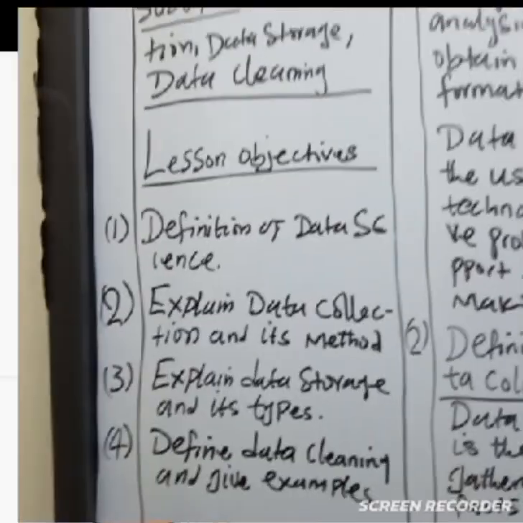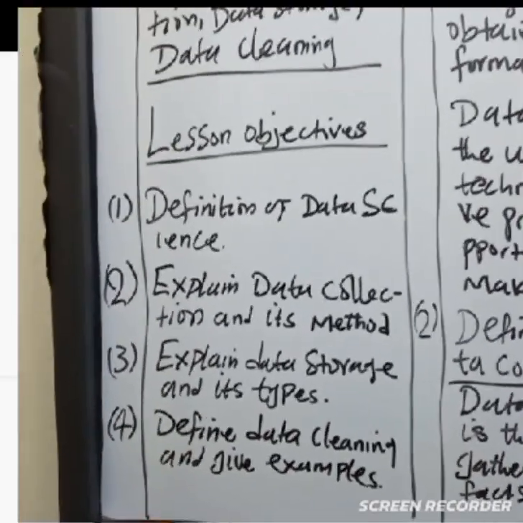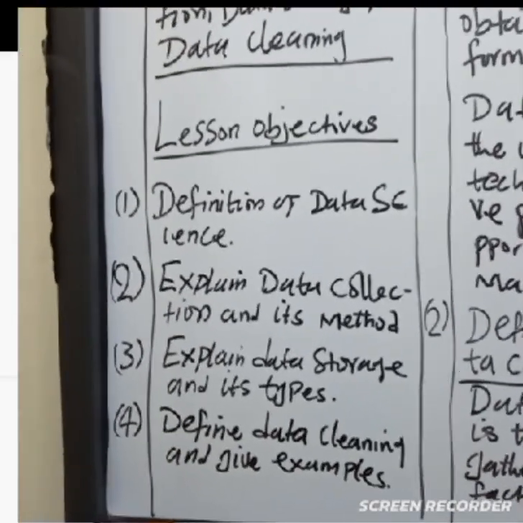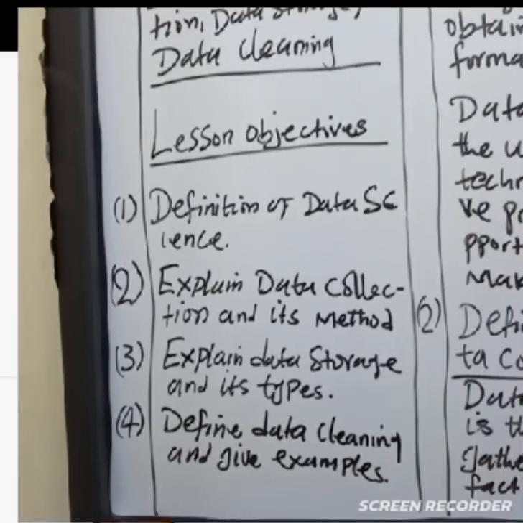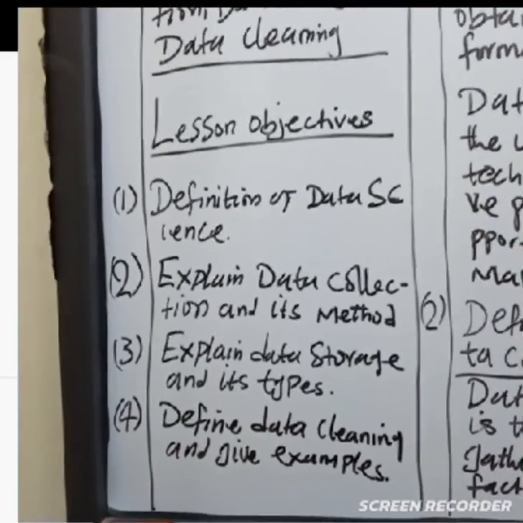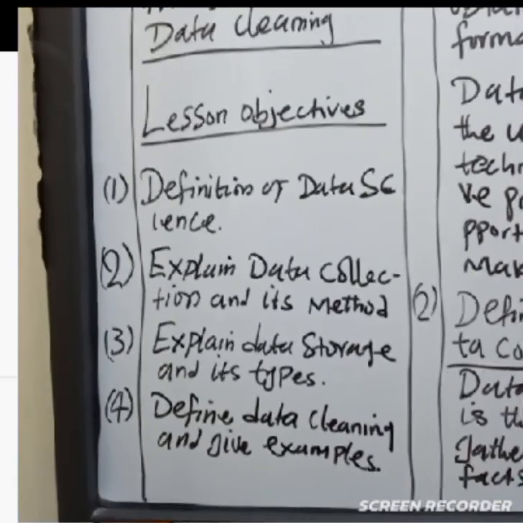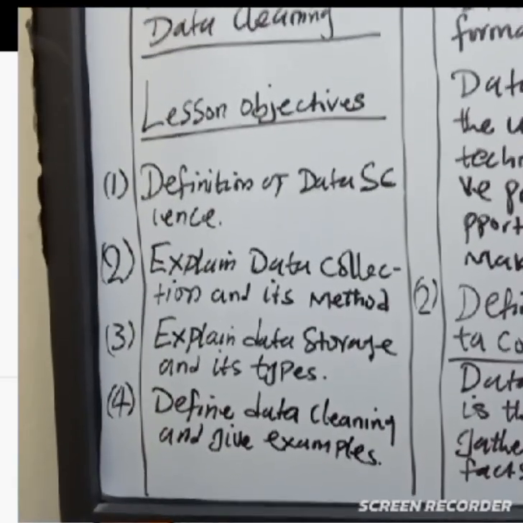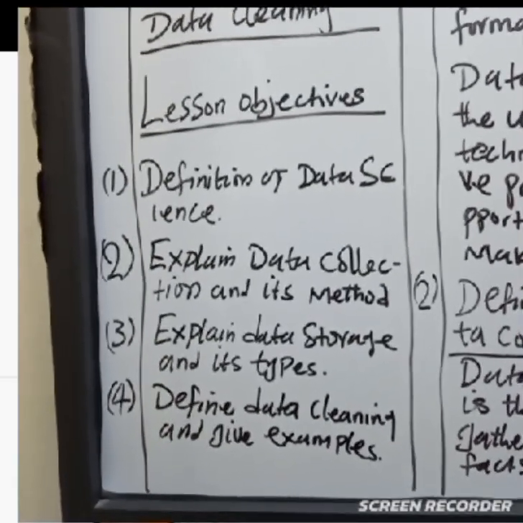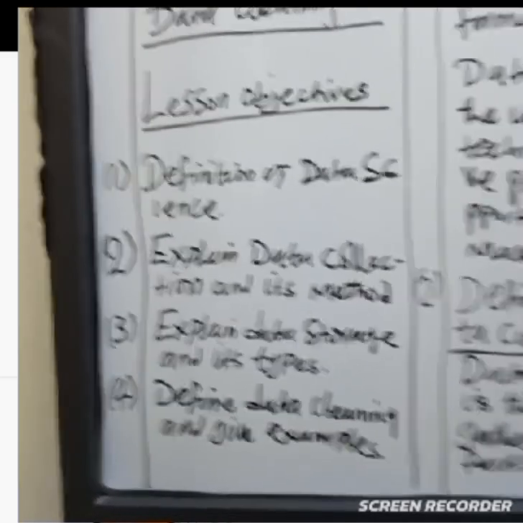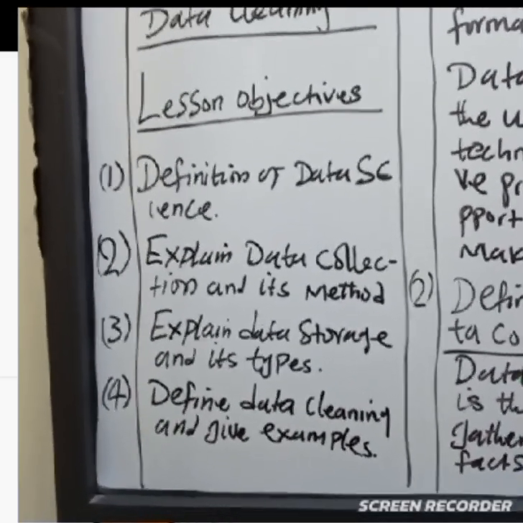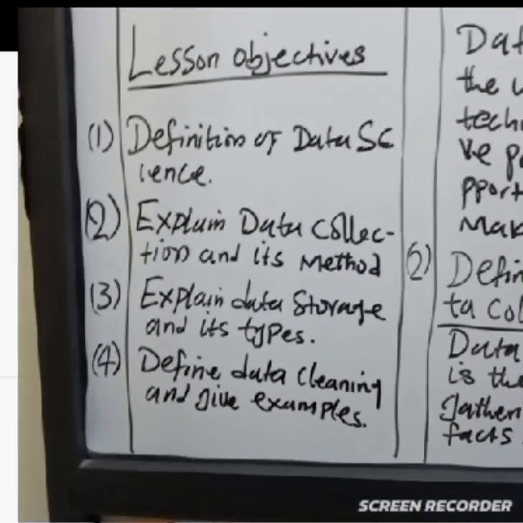The objectives of this lesson are: one, definition of data science. Two, explaining data collection and its methods. Three, explaining data storage, its methods and its types. Four, defining data cleaning and giving examples.